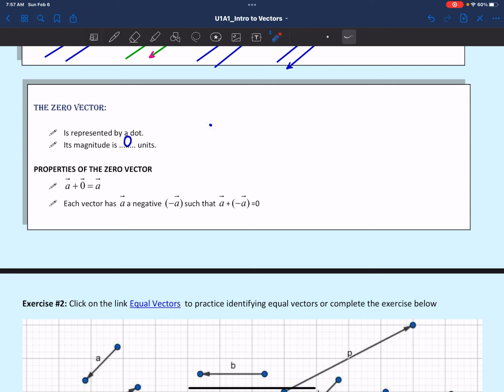So a property of the zero vector is that if you add a zero to a vector, just like when you add a zero to a number, then the answer will be the vector itself. Now, any vector has an opposite vector. So any vector A has an opposite vector, negative A. And if you add them together, the sum will be 0.